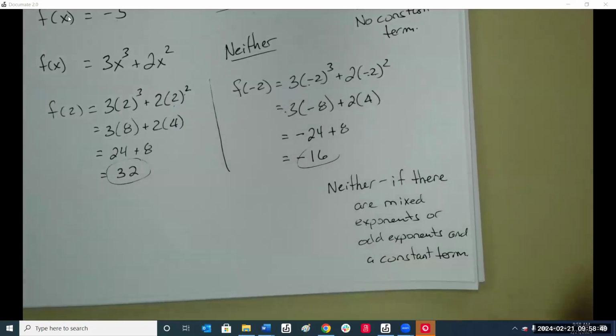So either they're all even or they're all odd. And the only time you can have a number in it is with evens.